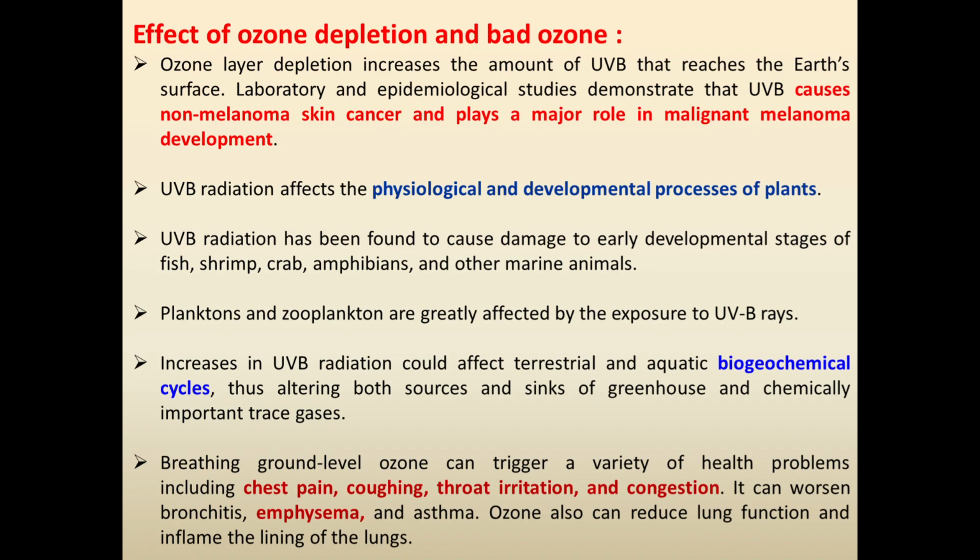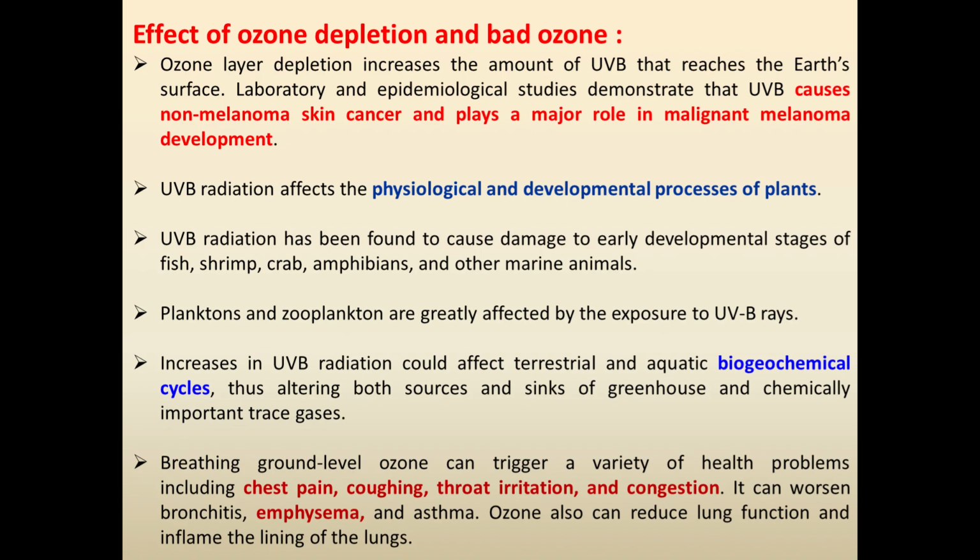Ozone layer depletion increases the amount of UVB that reaches the earth's surface. UVB causes non-melanoma skin cancer and plays a major role in malignant melanoma development. Skin cancer is one of the indicating diseases of UVB radiation.